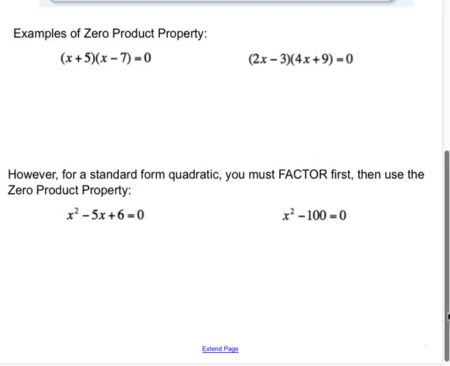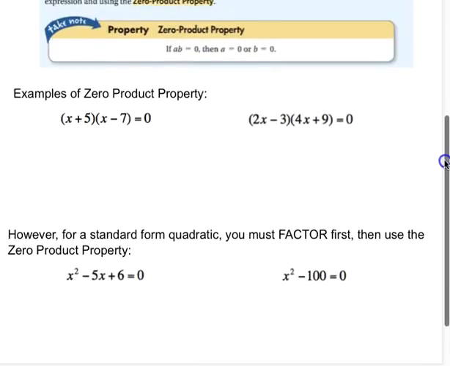Okay, now, the way that we eventually get there is called the zero product property. I know you saw this back in Expo, so this should ideally be a review for you. The zero product property essentially says, in order for two things to multiply to 0, one of them has to be 0, okay?